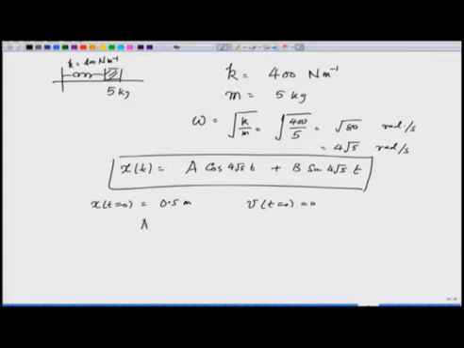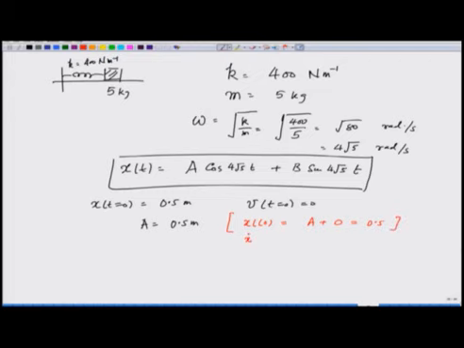So a is going to come out to be 0.5 meters, because x at 0 is equal to a plus 0, which is given to be 0.5.